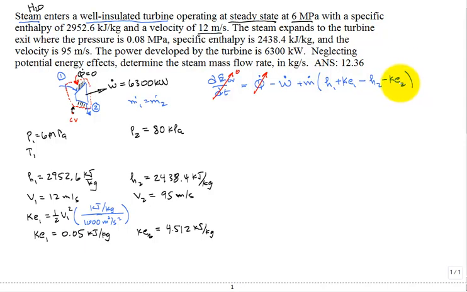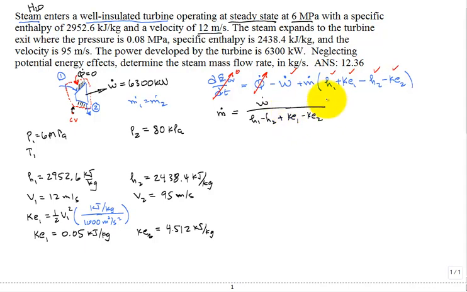So we have this value, this value, this value, this value in our problem statement, with a little bit of work getting those kinetic energies. The only unknown is mdot. So we solve for mdot, and it's W dot divided by H1 minus H2 plus KE1 minus KE2.